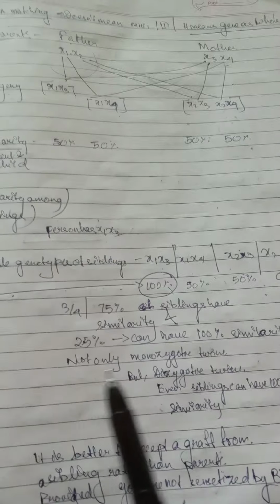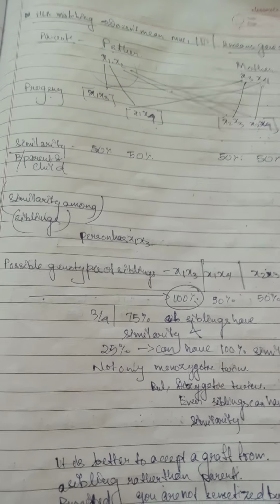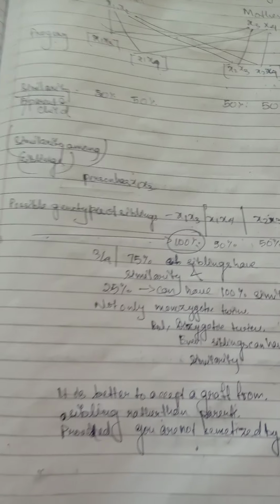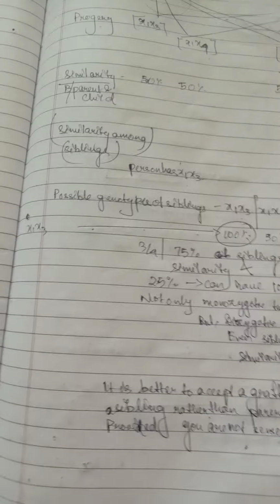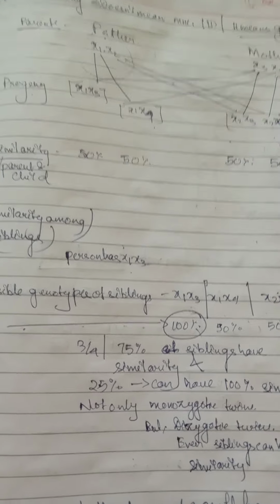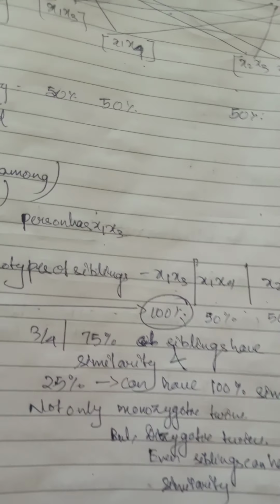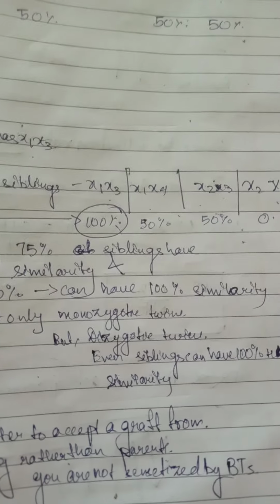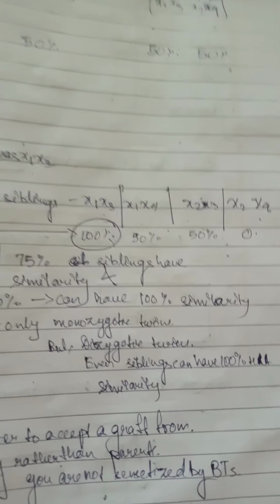And since we have already seen that siblings can even have 100% similarity with each other in terms of HLA typing, during organ transplantation it is best to receive a graft from a sibling, provided the individual has not developed any antibodies against his sibling in the form of previous blood transfusions, and it is wise not to receive blood transfusions from first degree relatives.